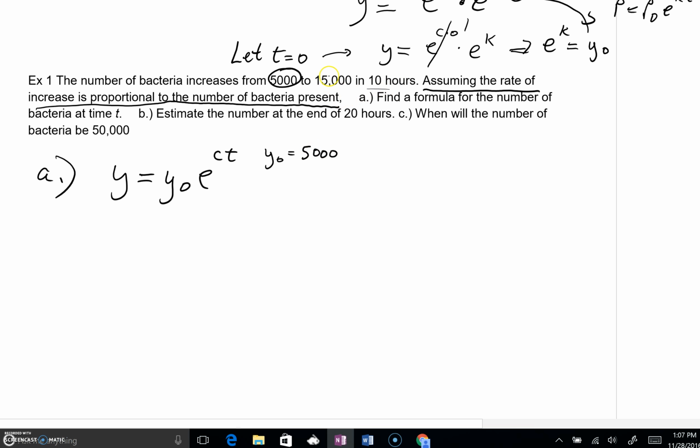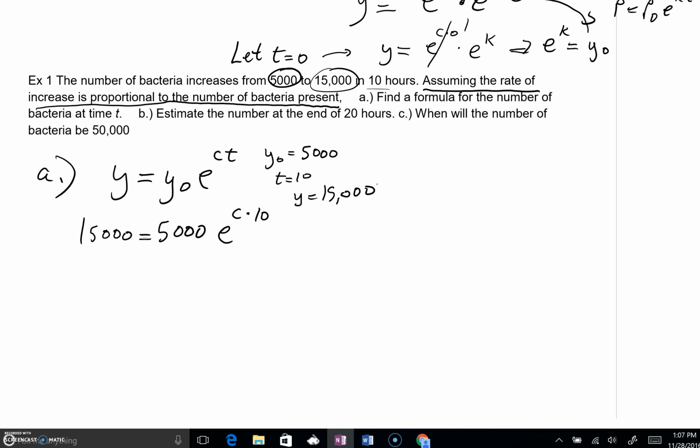And your ending population would be 15,000, but that's after 10 hours. So I can very quickly put all this together and say that when t equals 10, the population was 15,000. Wow, look at that. All I have to do is determine a missing piece to this equation.